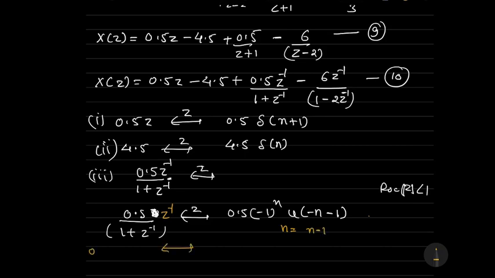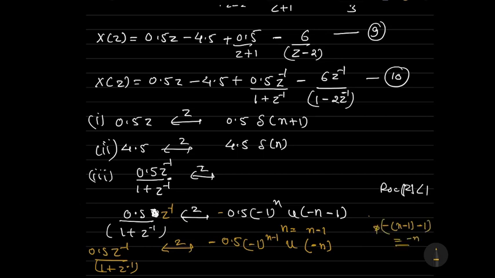So this 0.5 z to the power minus 1 upon 1 plus z to the power minus 1 will result as minus 0.5, minus 1 to the power, and we substitute n minus 1 here, n minus 1, u of, only here will remain minus n. Why? Minus n minus 1 minus 1 will result minus n.